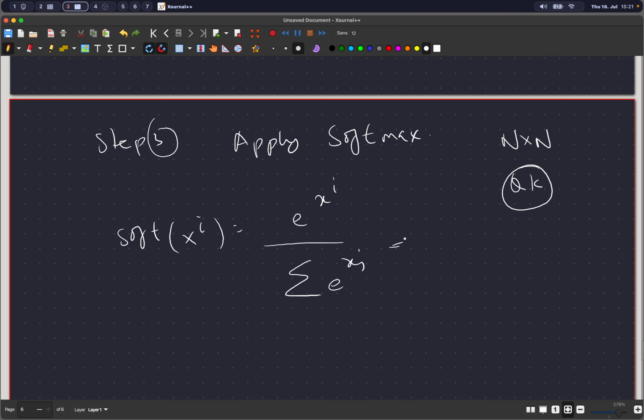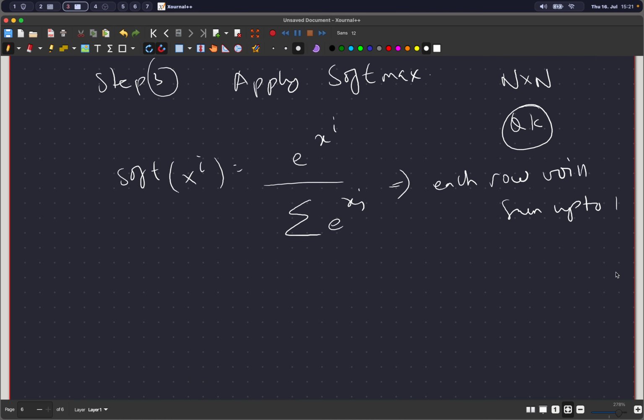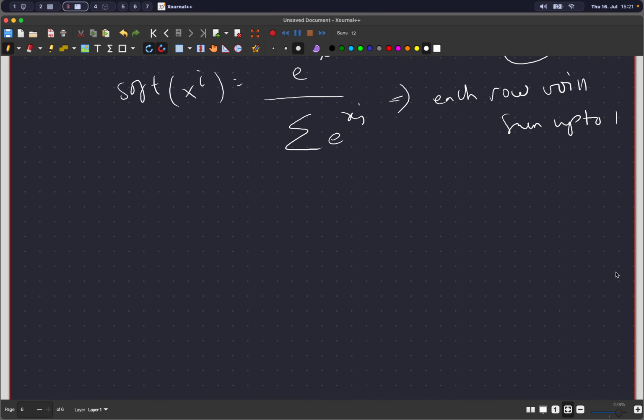So now each row will sum to 1. This is how, when we apply softmax, it assigns the weights to the qk matrix, right? Once we do that, it is called the attention weight matrix.